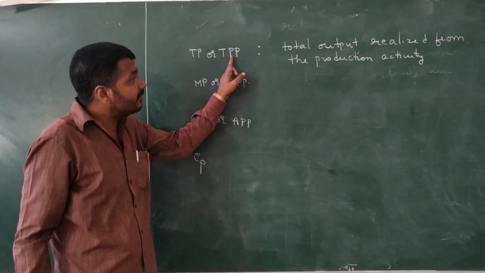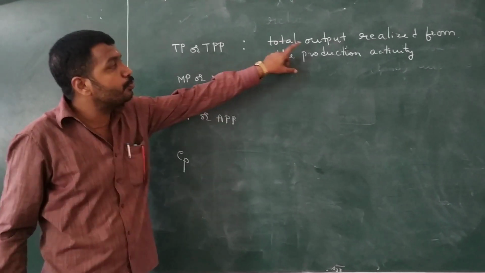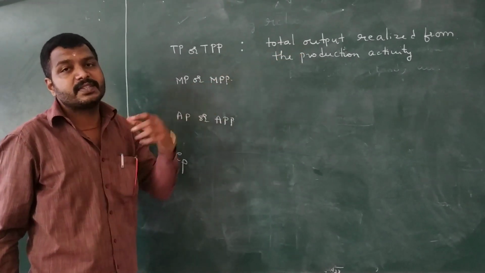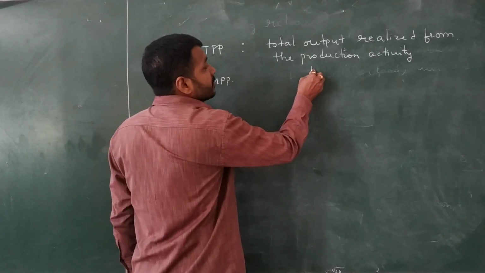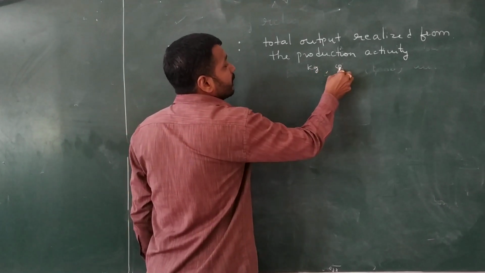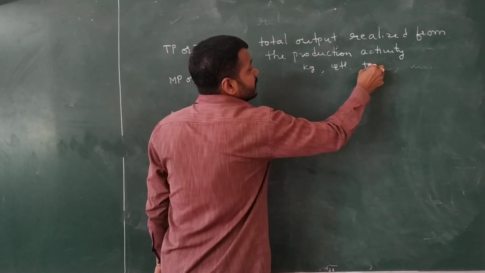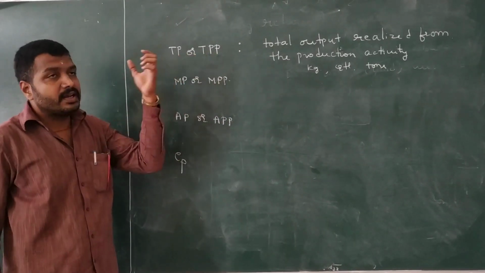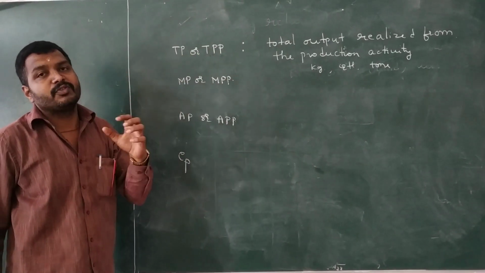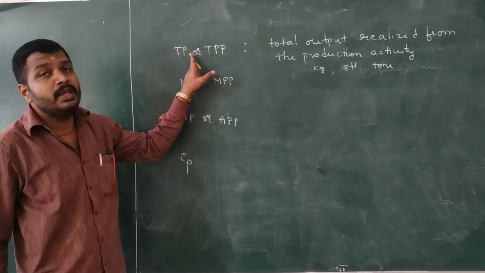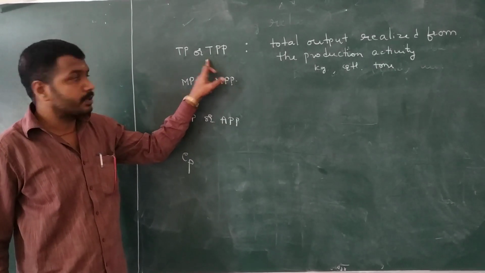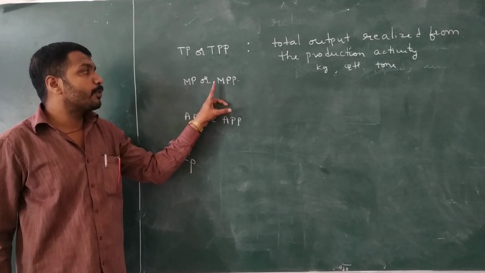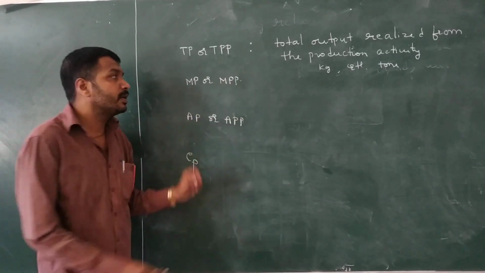It is called total physical product because the output is expressed in physical units. Physical units may be kgs, quintals, tons, etc. So the resulting output from any production activity is the total physical product. So then what is marginal product or marginal physical product?